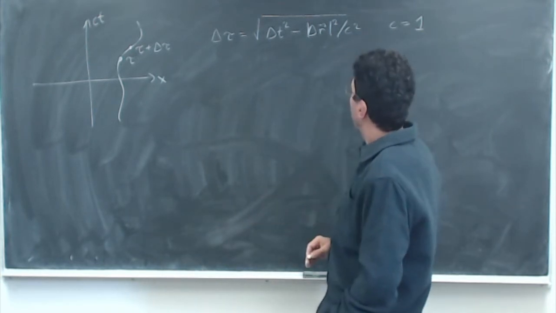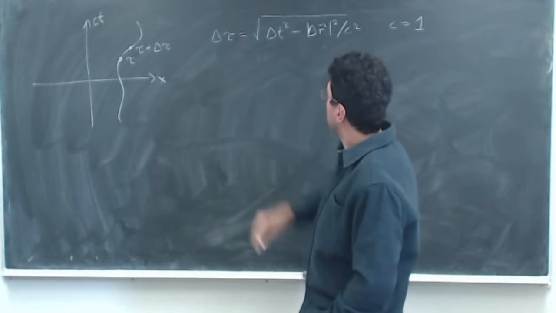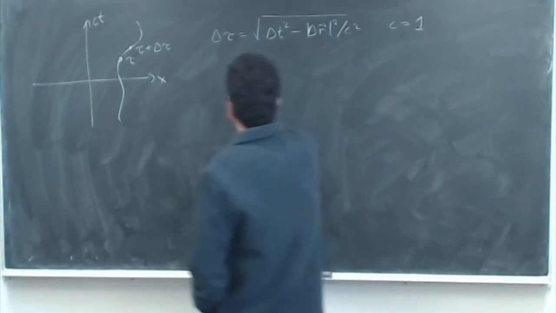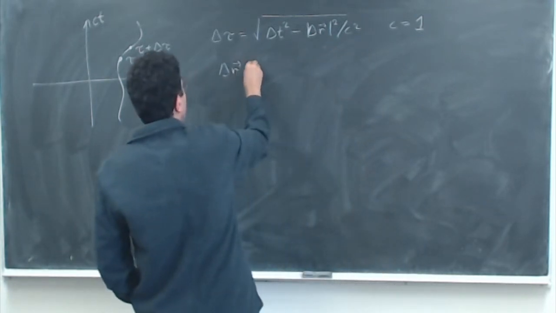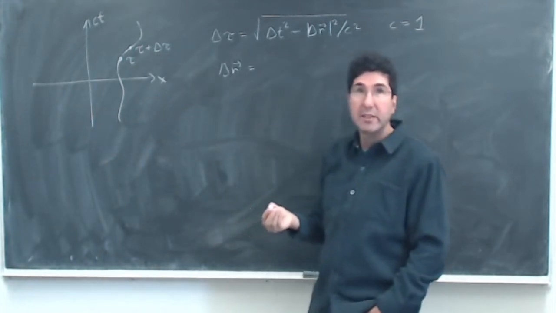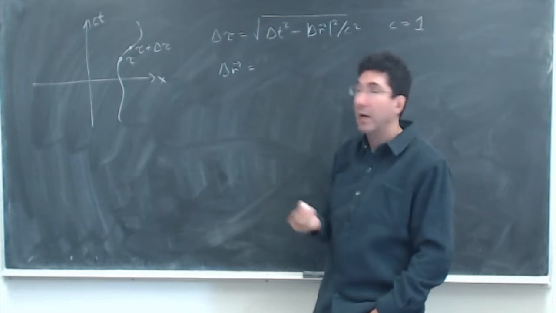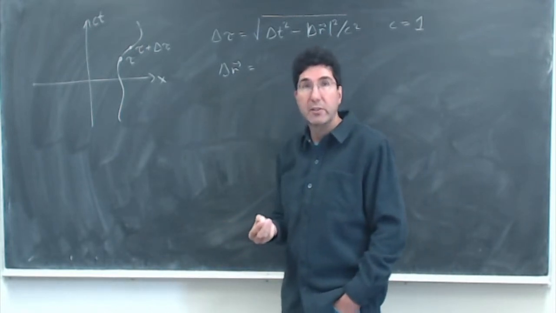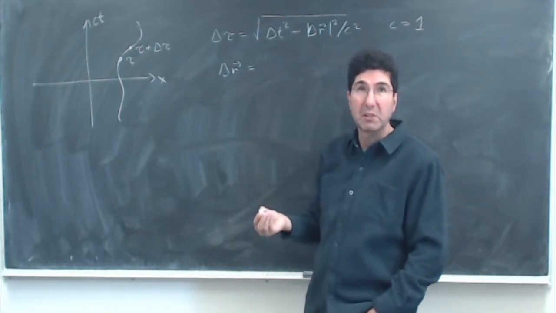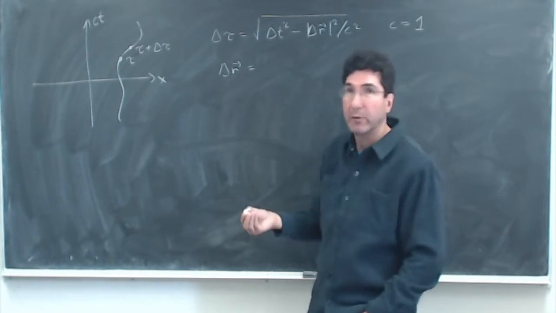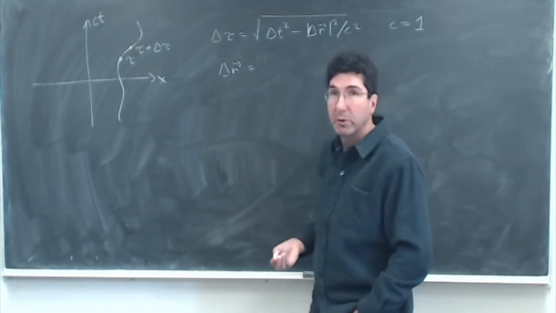Now, since these two points are close together, I can approximate delta r as being the instantaneous velocity times the change in time. We're going to follow the notation of Griffiths, even though I don't like it very much, so you will agree with what the book says.